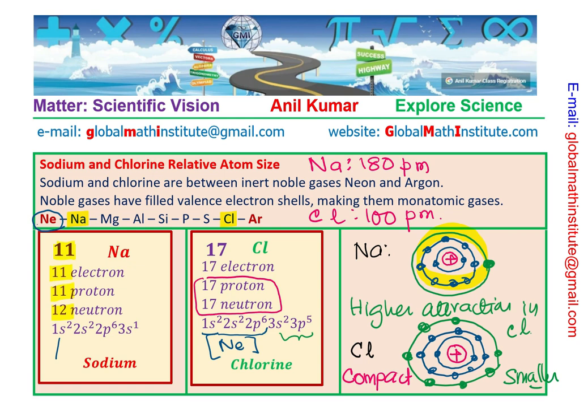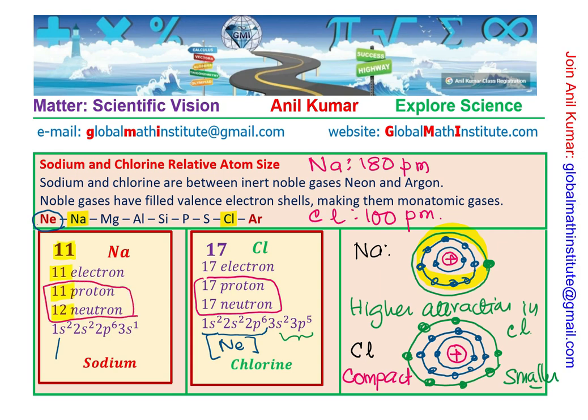And in sodium, there is only one electron in the outermost orbit, which we call the valence electron. And since there are only 11 protons and 11 neutrons as compared to 17 in chlorine, the force of attraction for sodium is less.